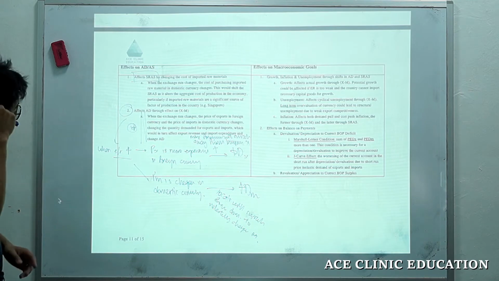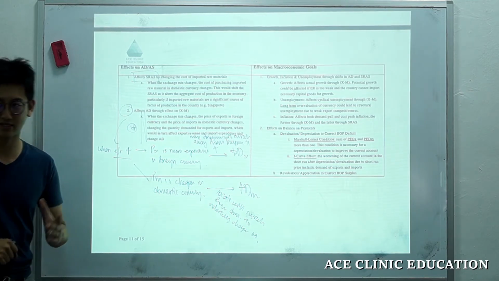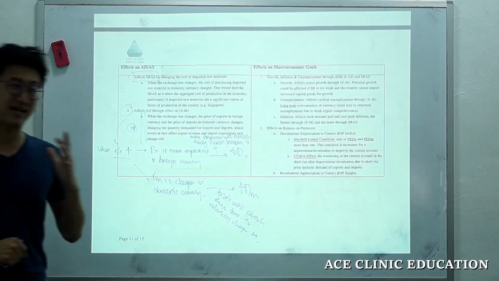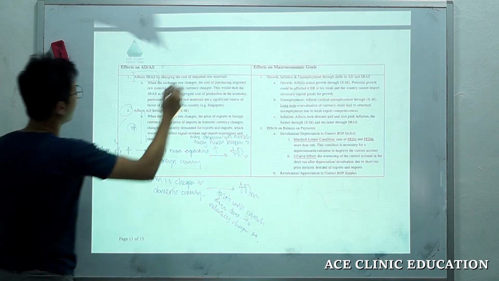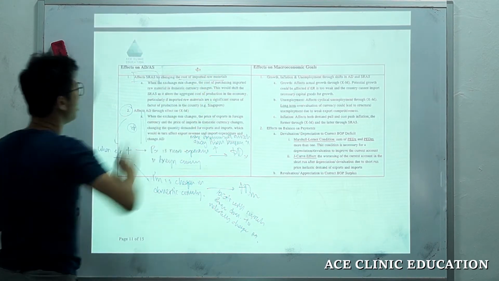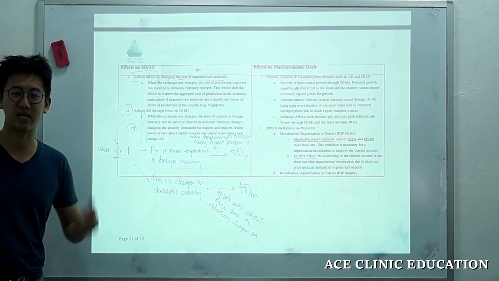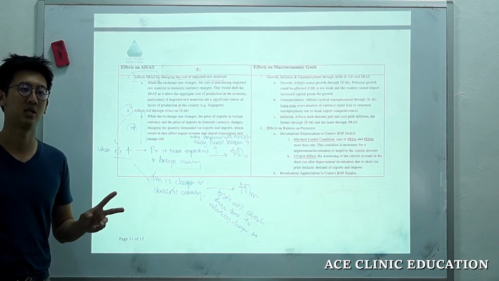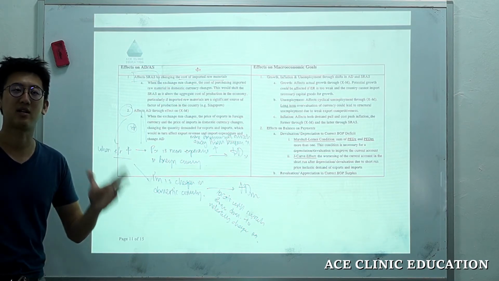Okay, so as I was saying, although in principle exchange rate policy is a demand side policy, there is an undeniable supply side impact as well, which is on the cost of imported raw material. So actually in practice, when you change your exchange rate, there are two forces at play. There's an impact on AD and there's an impact on SRAS.